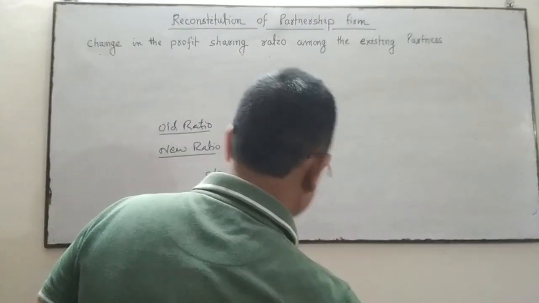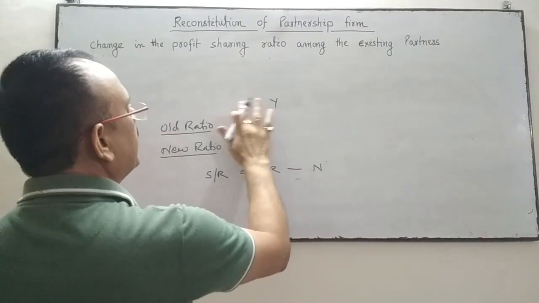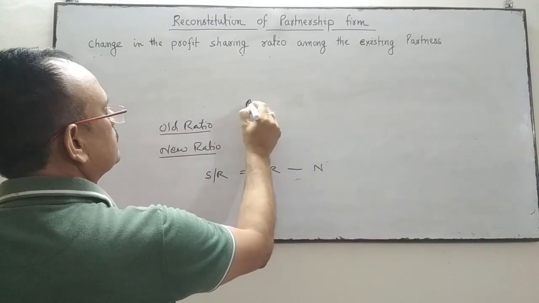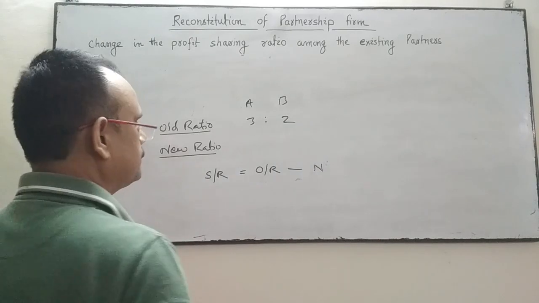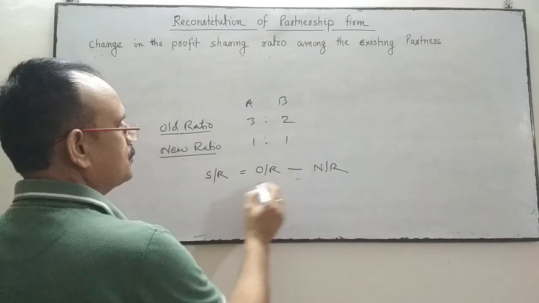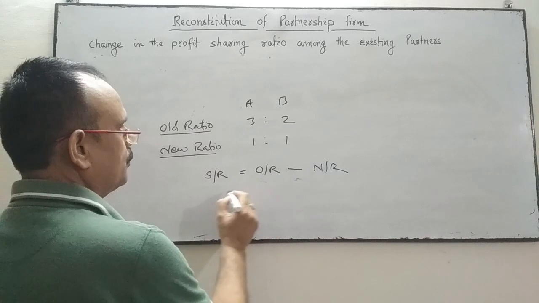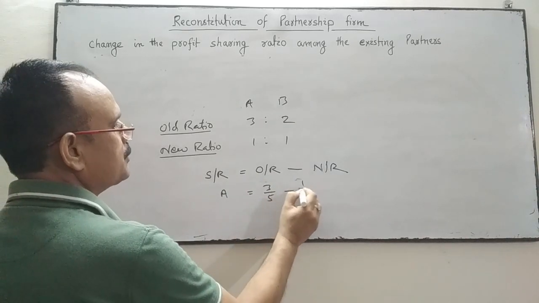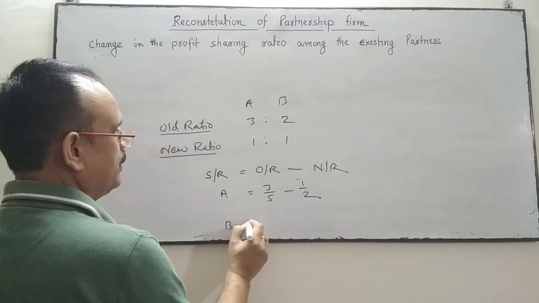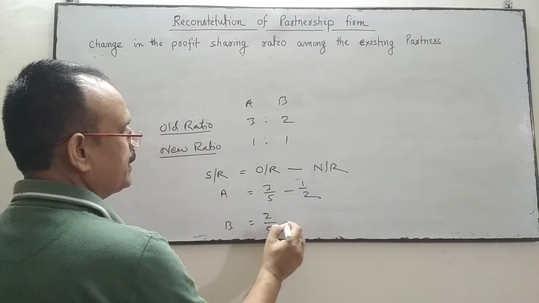Suppose there are two partners, A and B. Profit sharing ratio is 3:2. New ratio is 1:1. So we'll calculate for A: old ratio 3/5 minus new ratio 1/2. B: 2/5 minus 1/2.